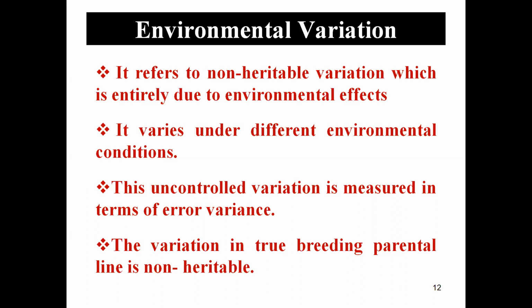This uncontrolled variation is measured in terms of error variance. If we find out the magnitude, it will be measured in terms of error variance or environmental variance. The variation in true breeding lines, suppose pure lines, if there is any variation, it will be non-heritable because it may be due to environment.